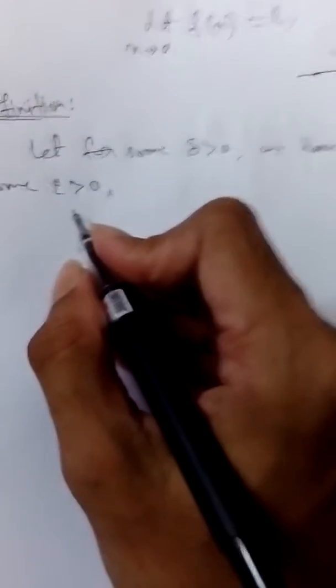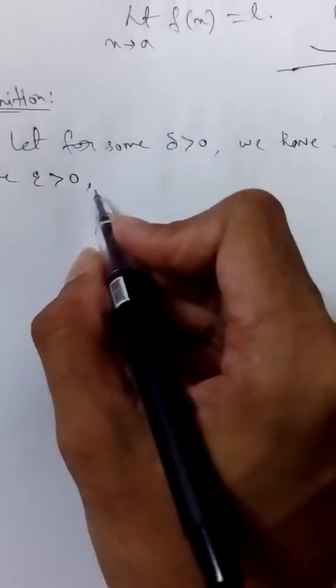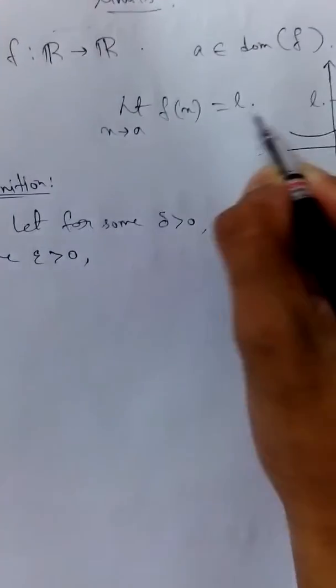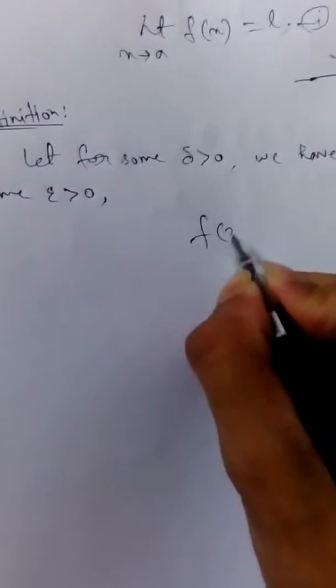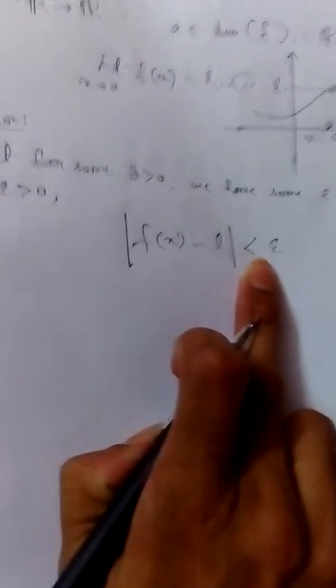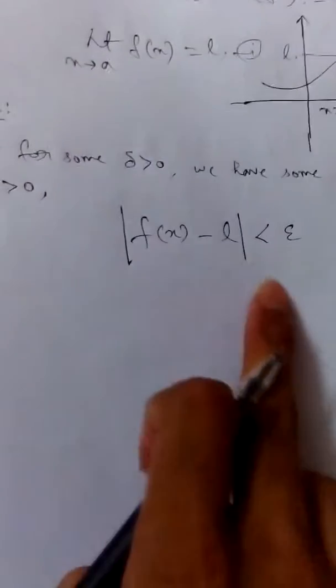Okay, then what can we say? Then now we can say that from this here we can write this in this way: the modulus of f of x minus L can be made less than this tiny epsilon for all x where the modulus of x minus a is less than delta.